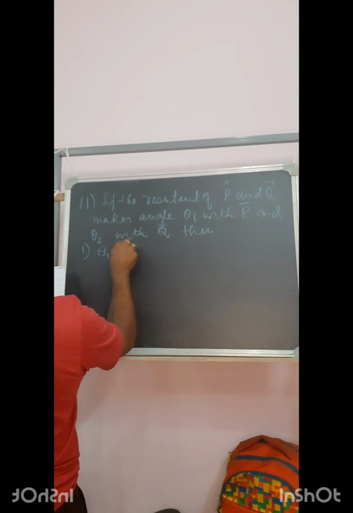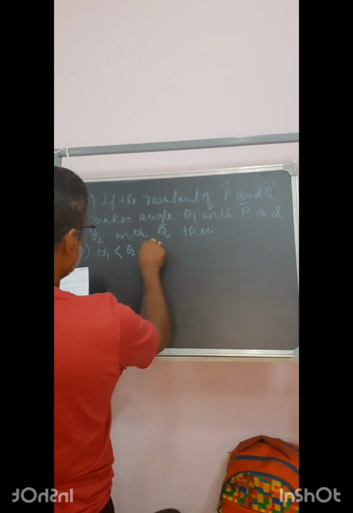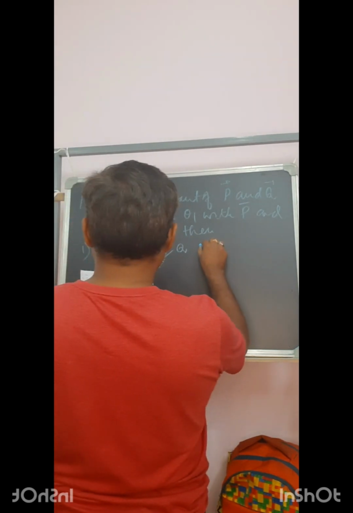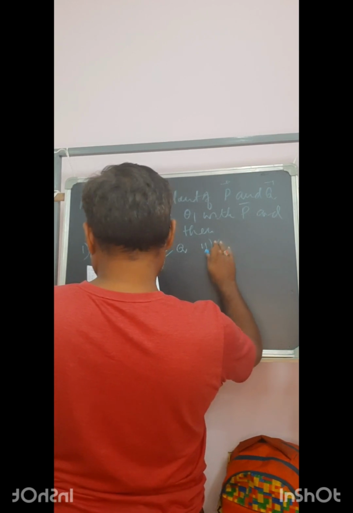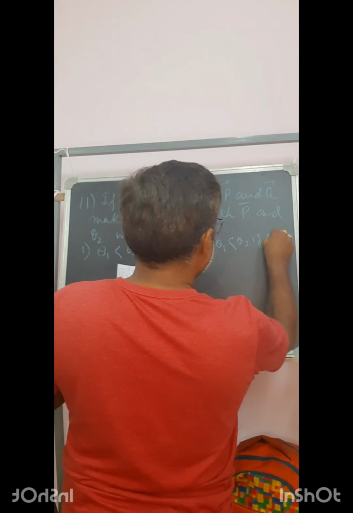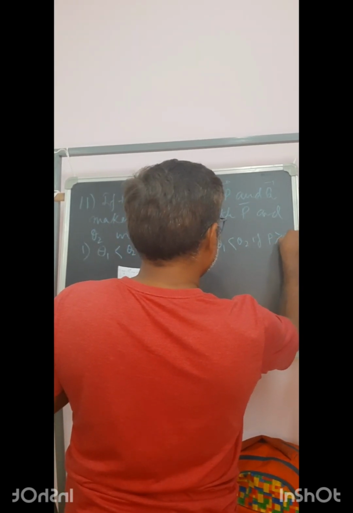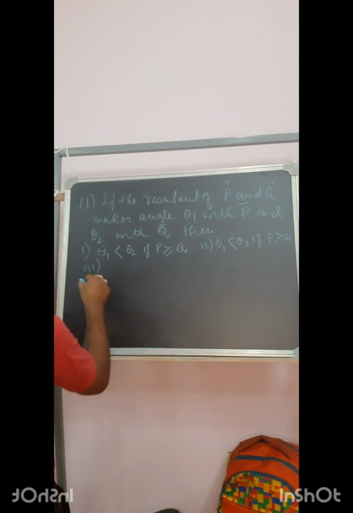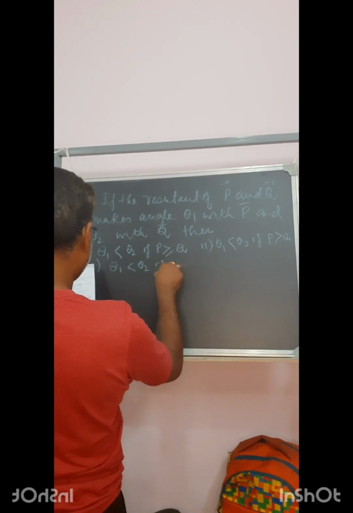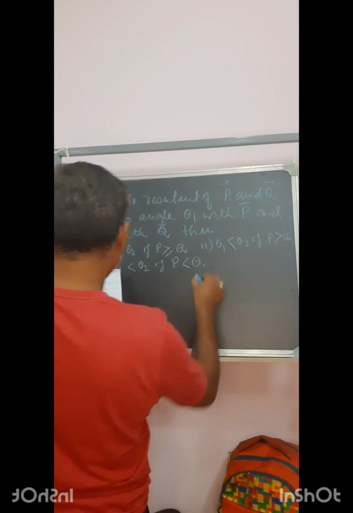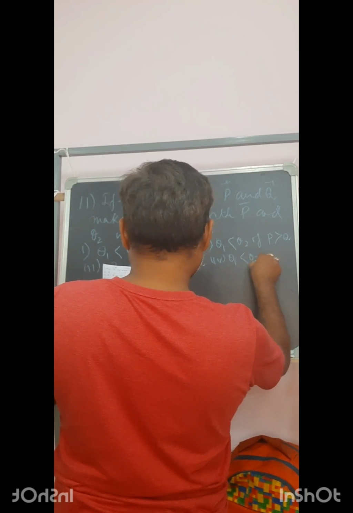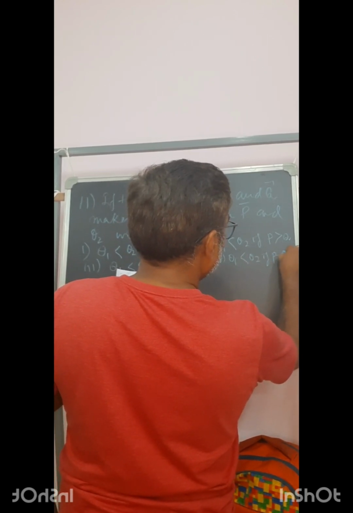First, theta 1 less than theta 2 if P is greater than or equal to Q. Second, theta 1 less than theta 2 if P is greater than Q. Third, theta 1 less than theta 2 if P is less than Q. Or fourth, theta 1 less than theta 2 if P is equal to Q.